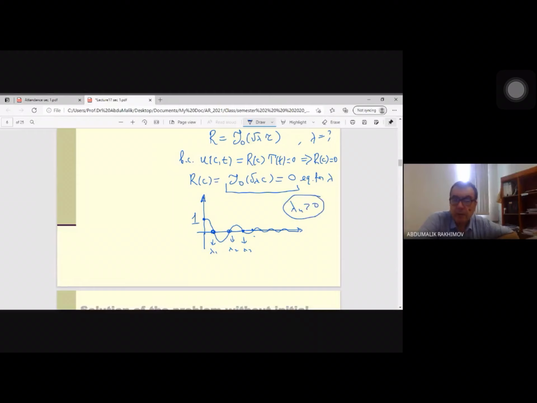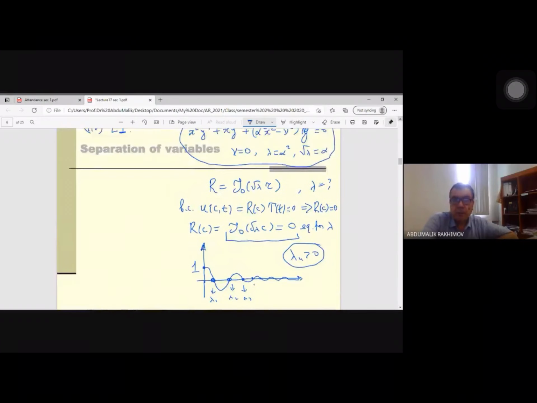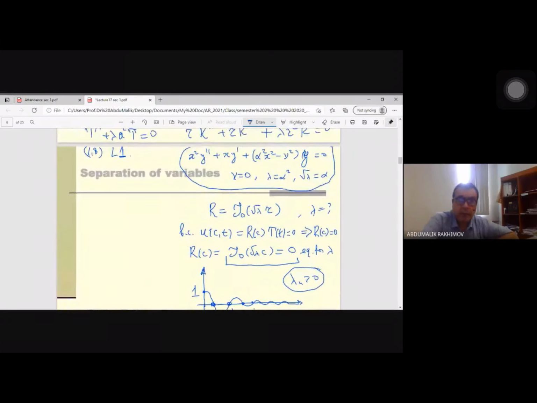So now we can find T, because we have information about lambda. Because lambda is positive, equation 1.8 has a solution that is a combination of sine and cosine. Let me say T_n(t) is equal to A_n cosine of a root of lambda n t plus B_n sine of a root of lambda n t.